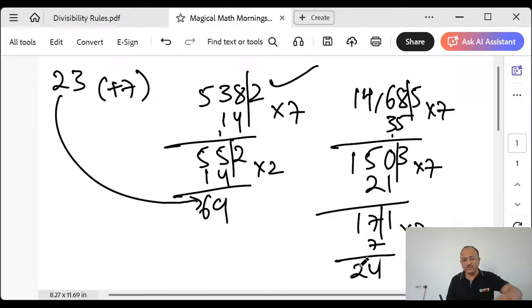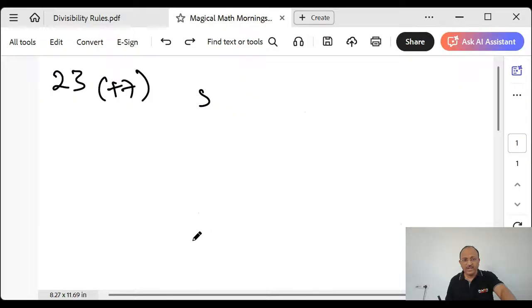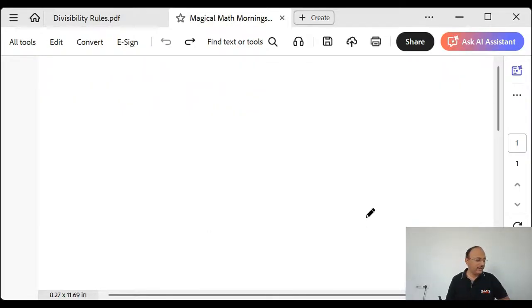Now shall we do some trials with all these numbers? Yes, the last one was 5382. This is divisible by 23. Now I'm going to give you some numbers. I want you to check whether each is divisible by 17, 19, and 23.